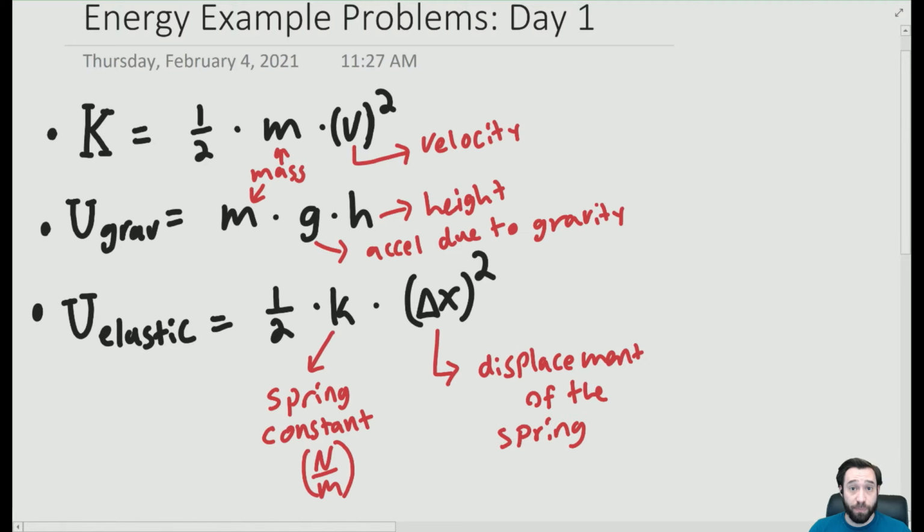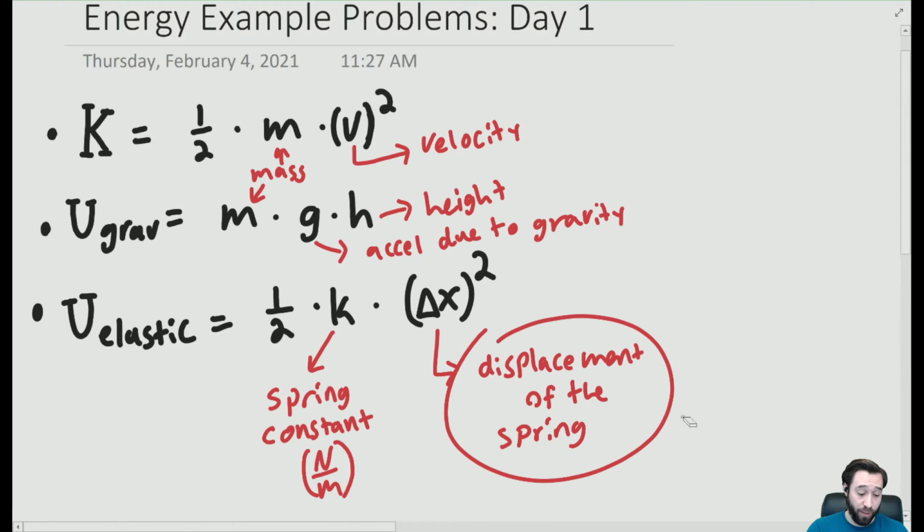And then this here, this is the displacement of the spring. So all this means is when I have a spring and I'm not applying a force to it, I'm not mushing it together and I'm stretching it out, the spring itself has a particular length. And that's what we refer to as the rest length, R-E-S-T. And if we stretch it, the amount of it being stretched, that is the displacement of the spring.